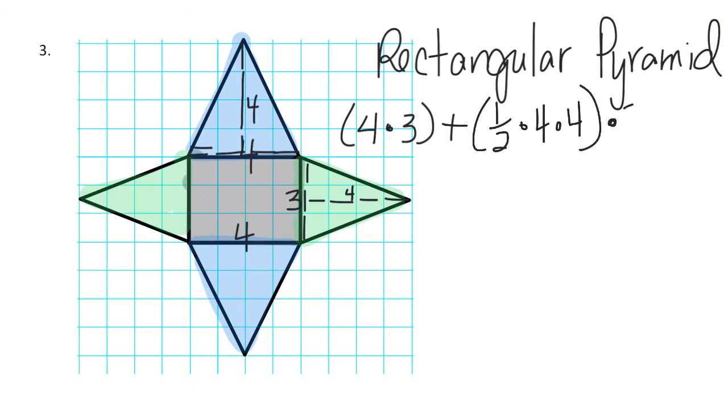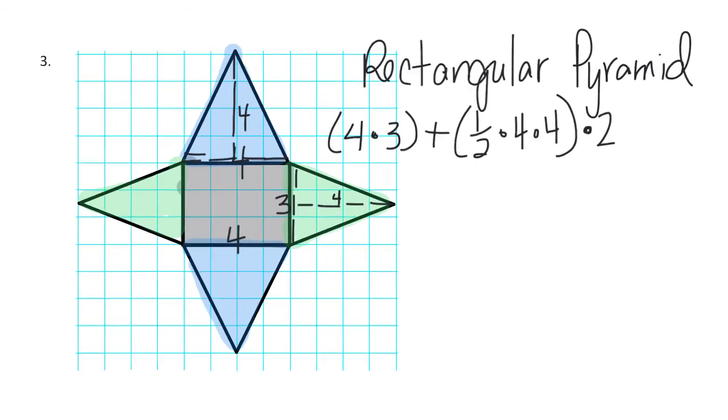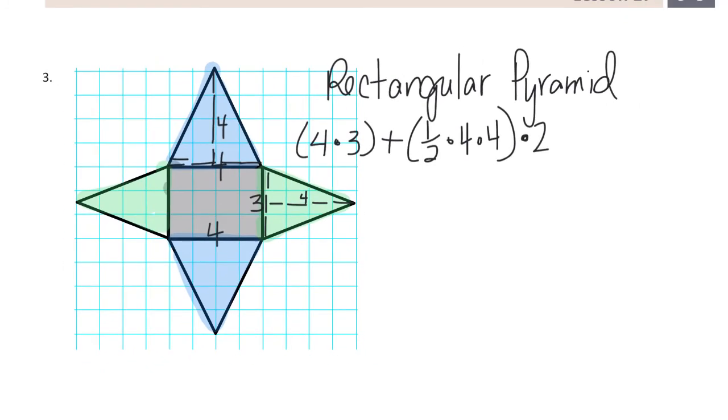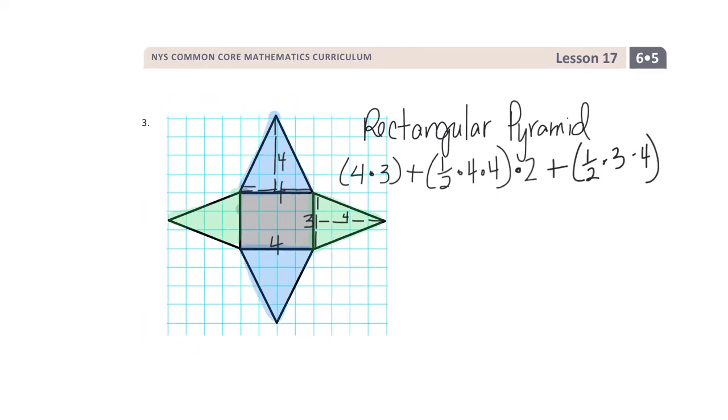And I'm going to multiply that by 2 because I have 2 of them. And then my green ones, 1/2 times a base of 3 and a height of 4. And I have 2 of those, so I need to multiply that by 2.